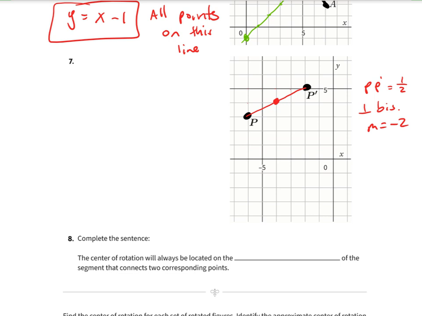Okay, so I'm not going to list out all the points, although we can, and maybe I will. So it's going to look something like this. It's going to have a slope of negative 2. And I know it's going to go through this point right here, and that point is negative 4, 5.